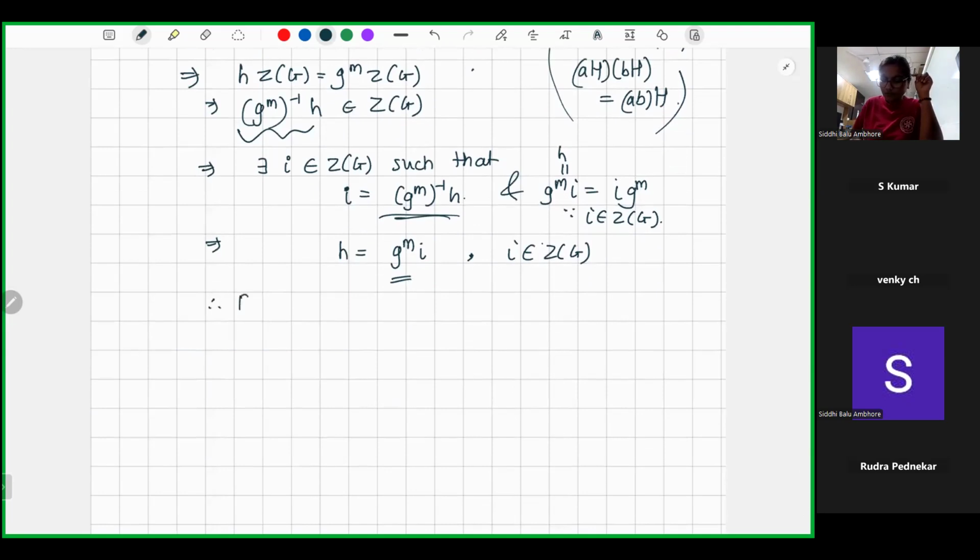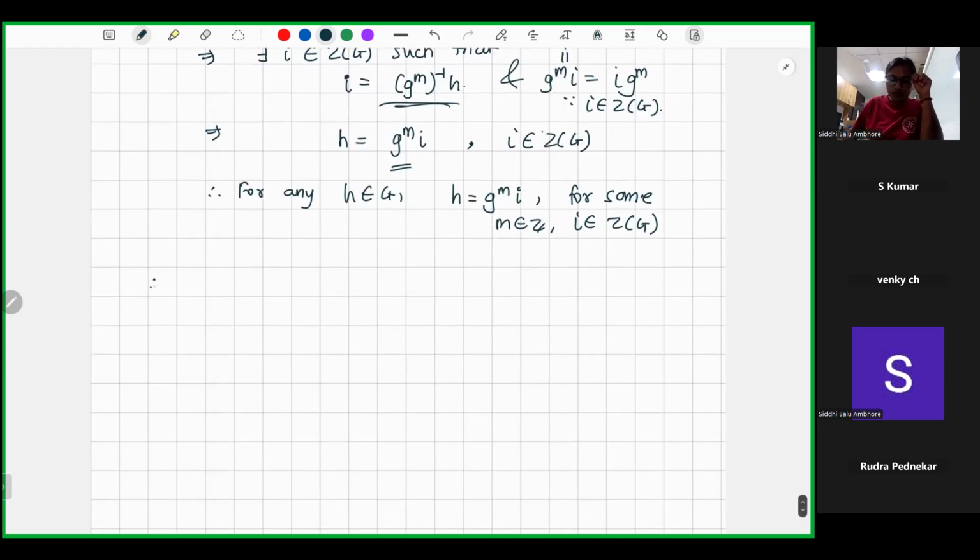Therefore, for any H in G, H is of the form G power M into I for some M in Z and I in ZG, the center of my group G. So therefore, let H1, H2 belong to my G, and we claim that H1 H2 is equal to H2 H1.